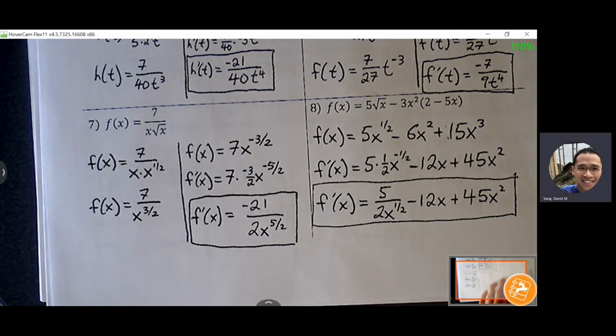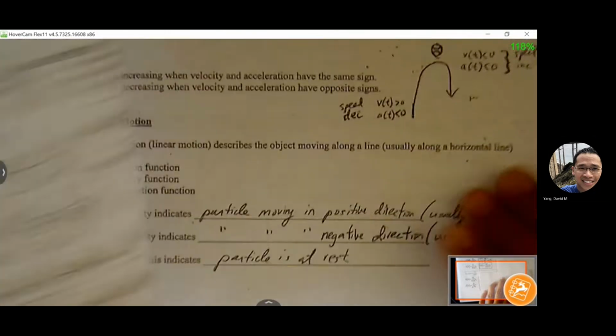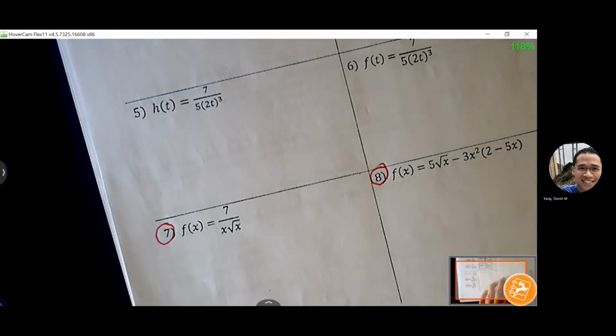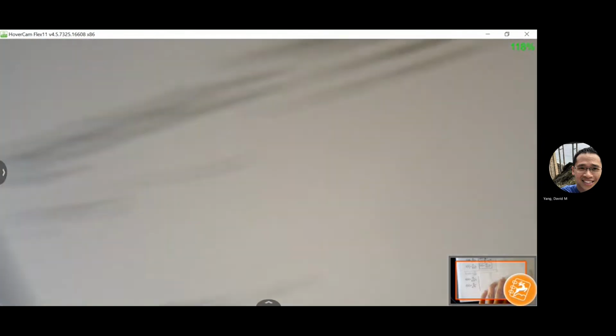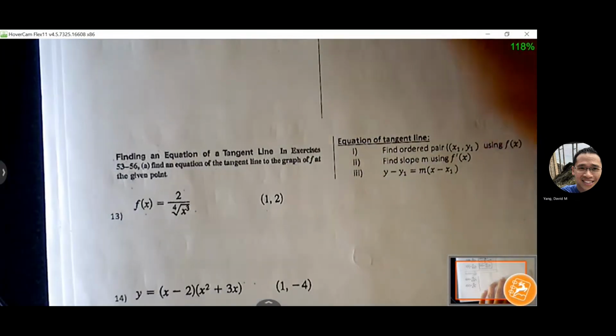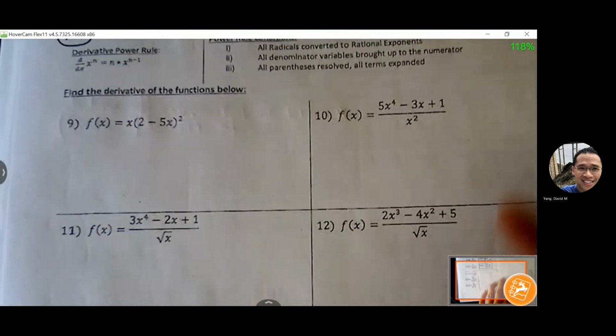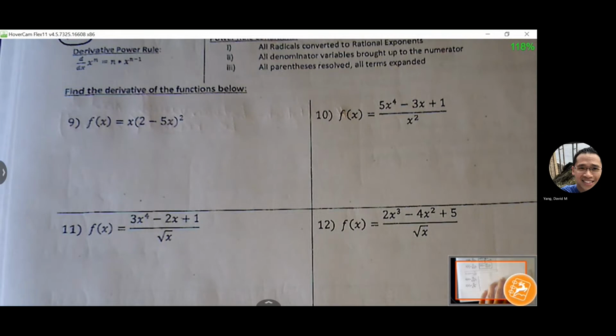Whenever you're ready, back page, page 14. So number 9 and 10. Okay, so looking at number 9, I'll unfreeze this in a moment.